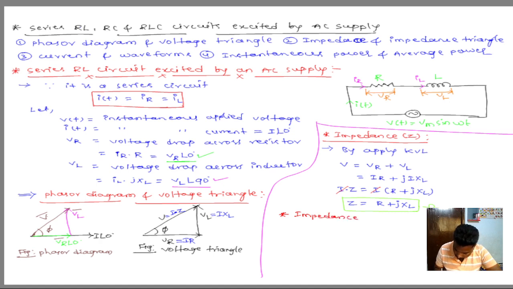From the voltage triangle, we divide this voltage triangle by current, then we are getting the impedance triangle.